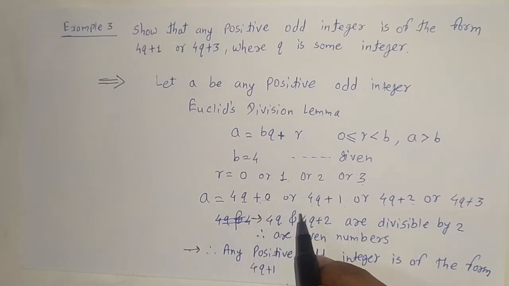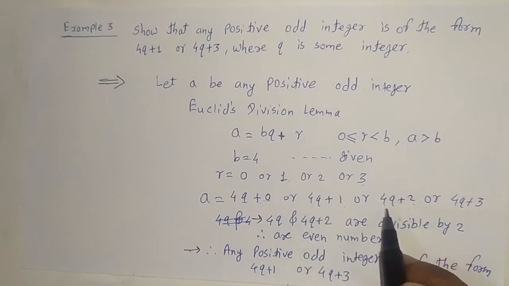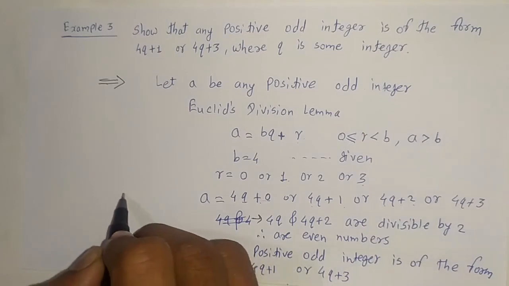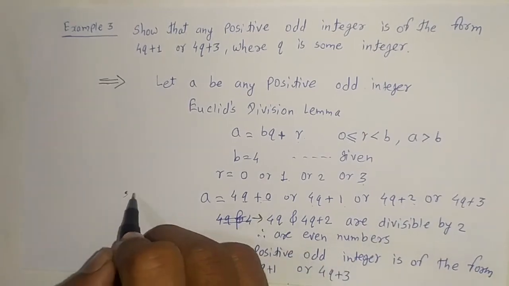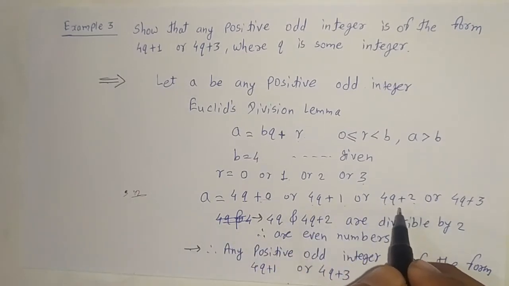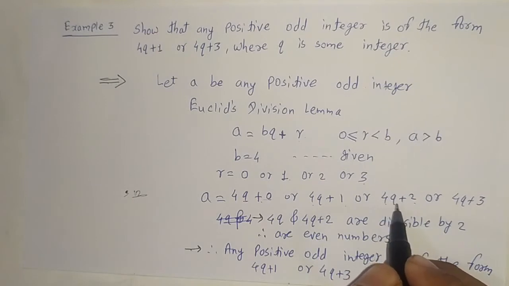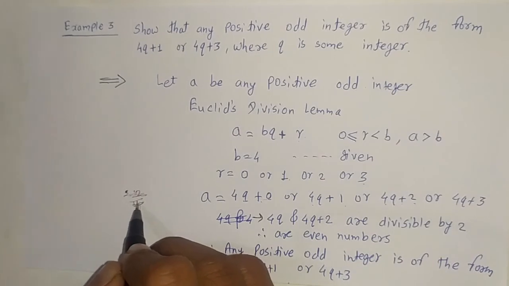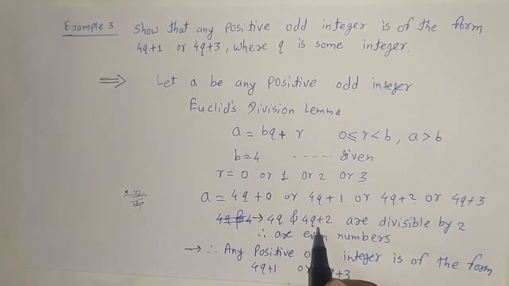If we add 2 to that number, then again it will be an even number. You can try by replacing any number in place of q and see, you will get an even number only. Suppose q is 3, then you will get 4q as 12. It is an even number. If we add 2 to 12, then again it will be 12 plus 2, 14. Again an even number.